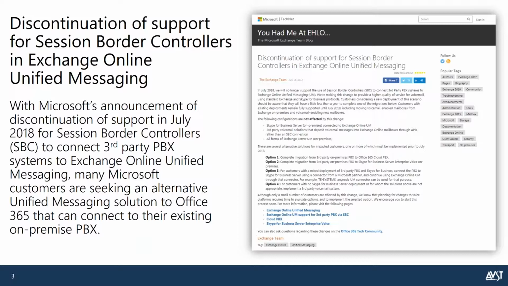Those customers alone, not customers who have Microsoft deployed on site, but only those up in the cloud, were told that one of the components needed for that to work that Microsoft provides in their cloud, the session border controller, will be discontinued in a little less than a year.